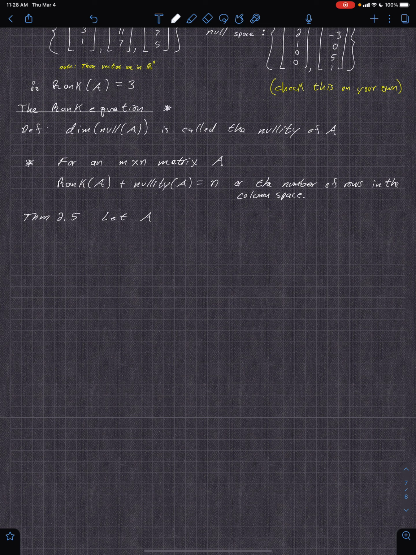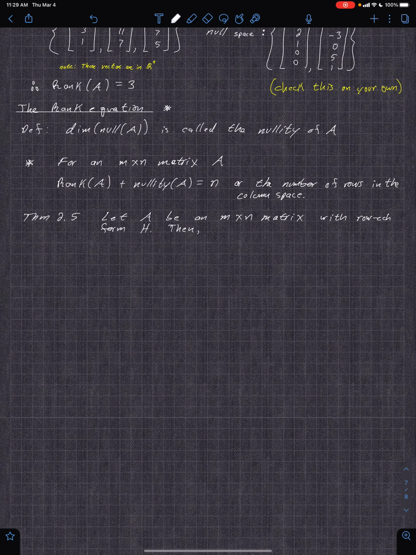Let A be an M by N matrix with row echelon form H. So they're giving you A, and then you row reduce it.